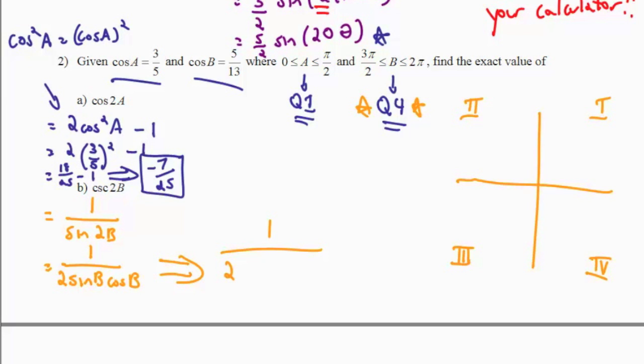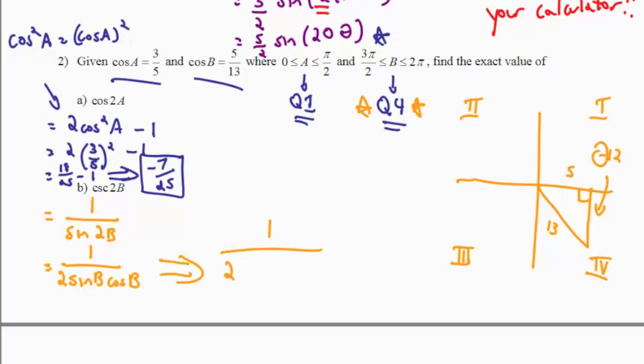that B is in quadrant 4, which means we go 5 to the right. The hypotenuse is 13, which means all we have to do is find this side there. We know this is a right angle triangle, Pythagoras, and you'll end up with negative 12.